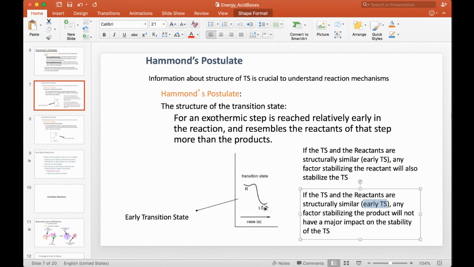So the summary of this is that in an early transition state, if you introduce a factor that stabilizes the reactant, the reaction will go faster because the transition state will also be stabilized. And on the other hand, in an exothermic step, if you introduce a factor that stabilizes the product, the reaction rate will not change because they are structurally different.